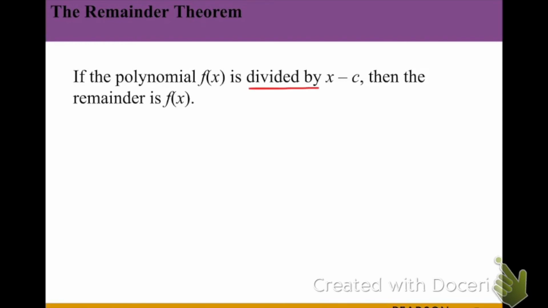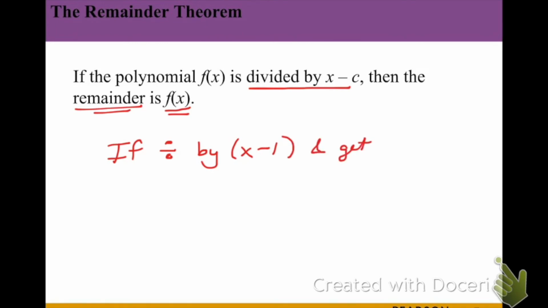So for example, in this case, if we were to divide by x minus 1 and get a remainder of 2, then that means that f of 1 would be equal to 2. It would be the exact same thing as plugging in 1 into the original polynomial and getting out 2. So whatever the remainder is going to be is the same thing as that function operation.